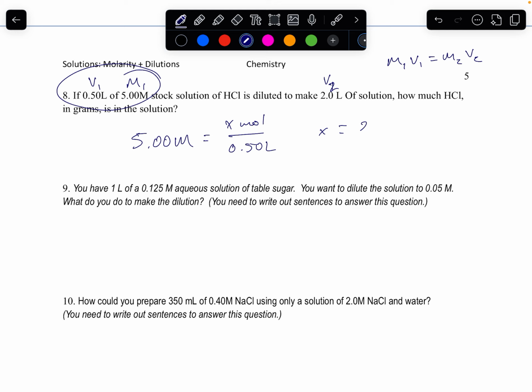Solving for X, I've got 2.5 moles. Then finally, I take those 2.5 moles of HCl and multiply by my molar mass, 36.46 grams per mole, and we should get 91.15 grams of HCl.